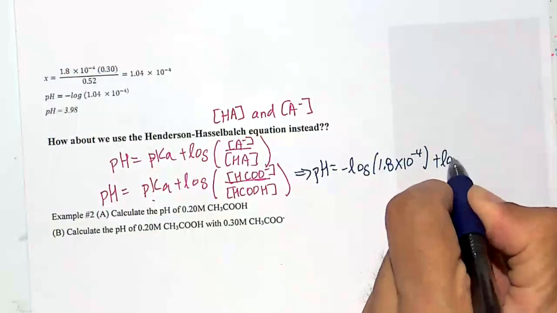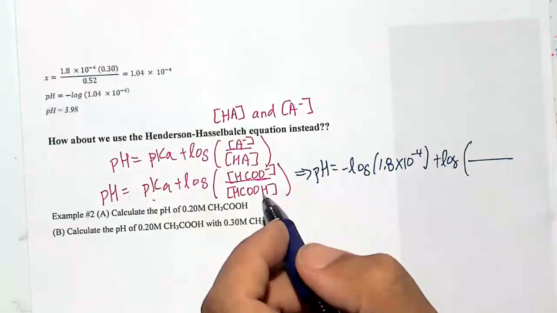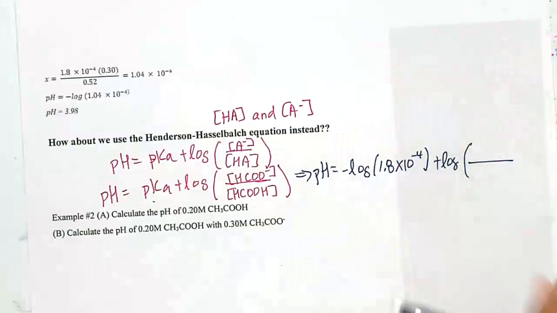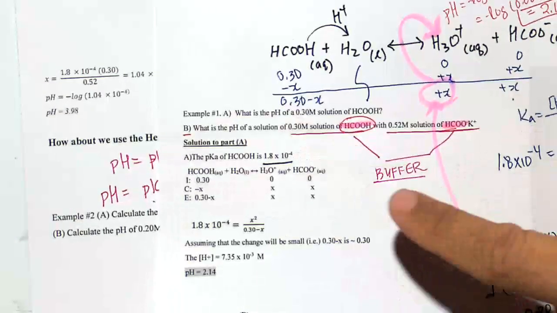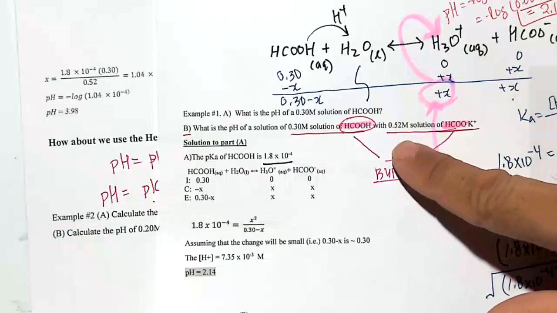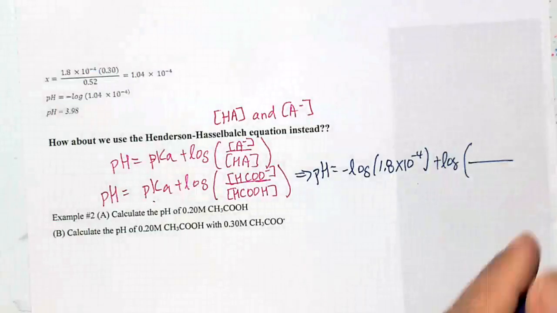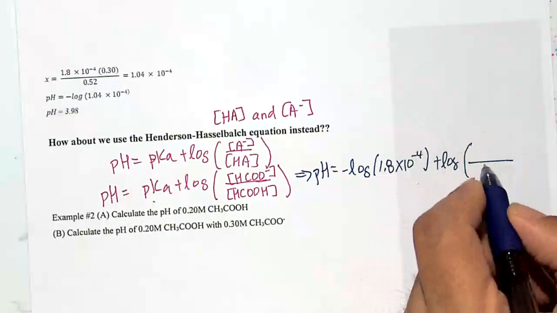Okay, plus log concentration of HCOOH. Now in this problem, the concentration of HCOOH was 0.30. What's the concentration of the conjugate? 0.52. So you'll plug it into this equation. And that will give you the pH of this weak acid conjugate base buffer.